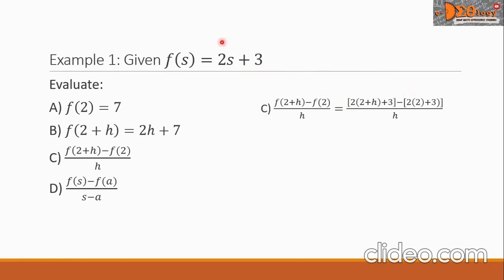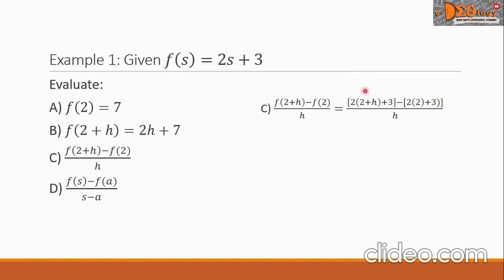I will copy this function in here, and then for every s that I see, I will change it by the number 2. So we have here 2 times 2 plus 3. Then all over the h. Actually, we solved this already, and this is the answer, letter B. And the second function, we have the answer already in problem A.